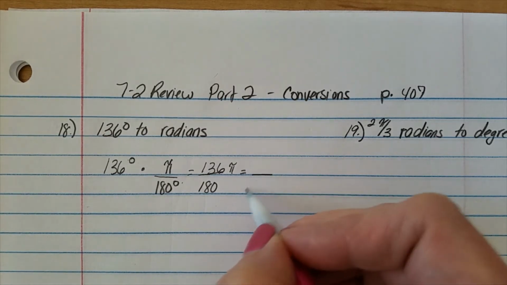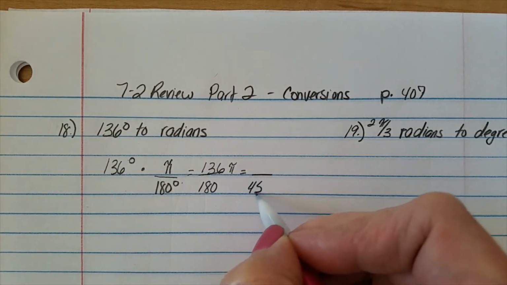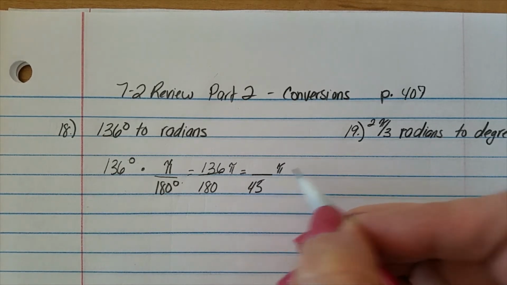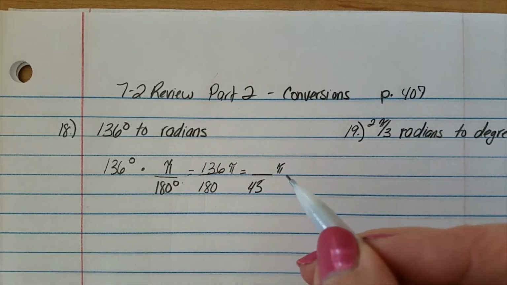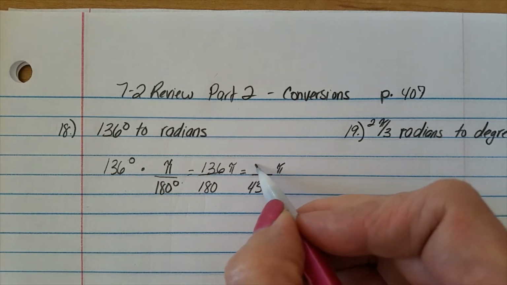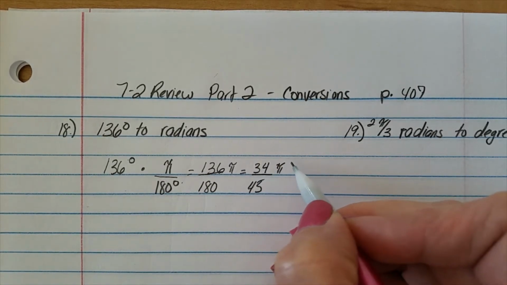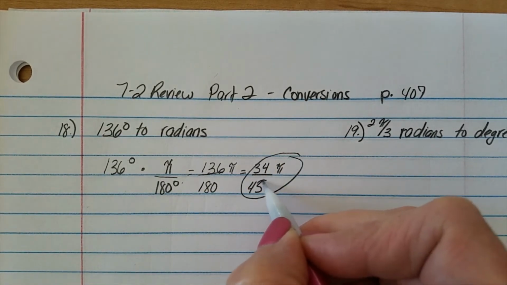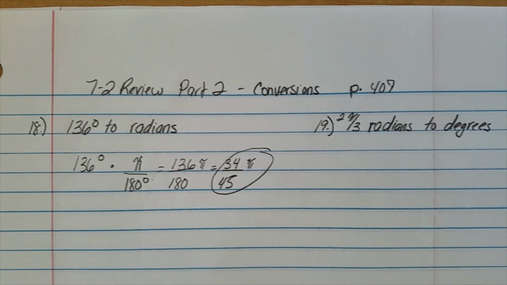Okay, 180 divided by 4 is 45. 136 divided by 4, that would be 34. Okay, there it is.